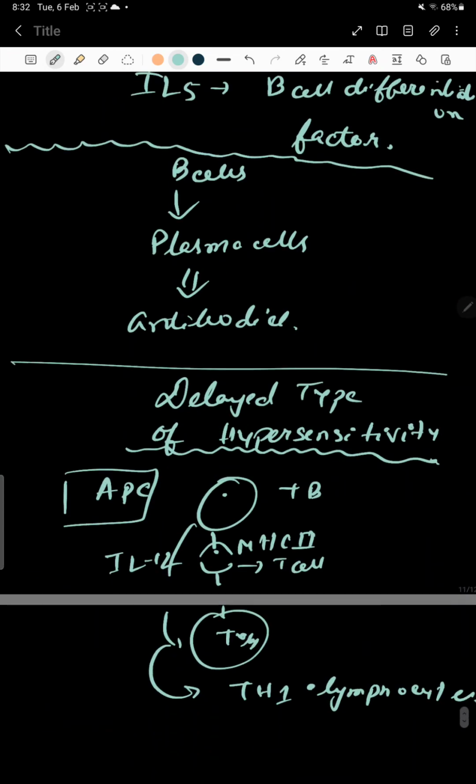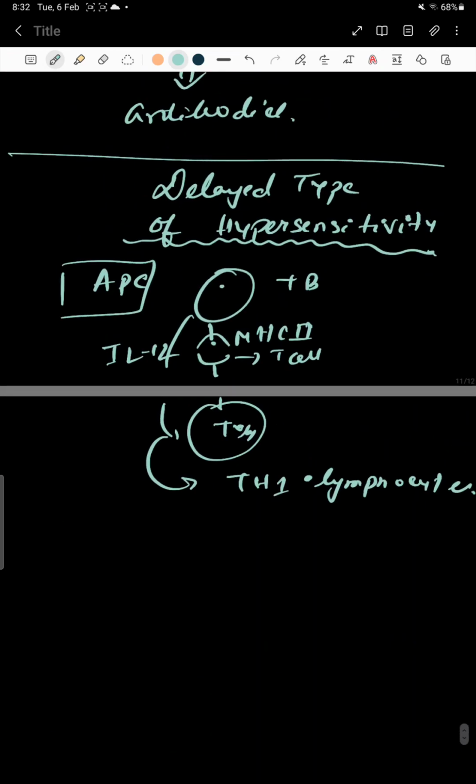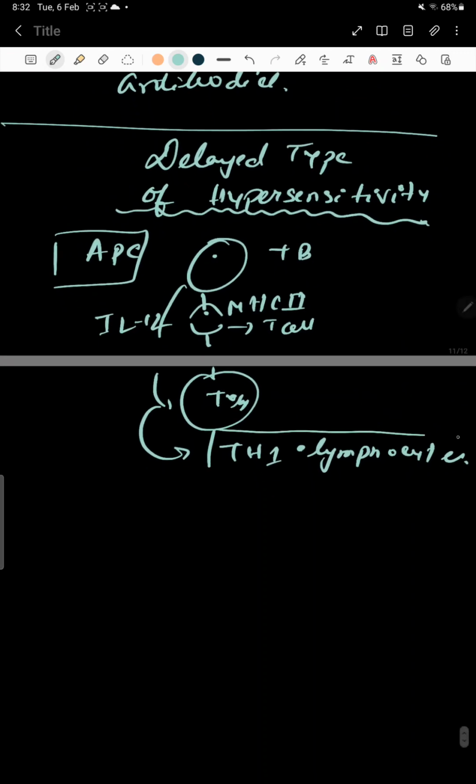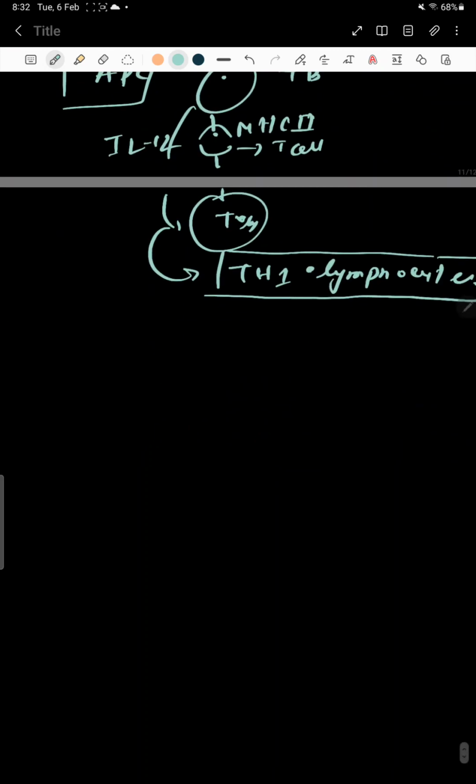But if the interaction is between interleukin 12 and Th cells, it will mostly get converted into Th1 type lymphocytes. Interleukin 1 can also act here, but the hallmark is interleukin 12. It is most important.